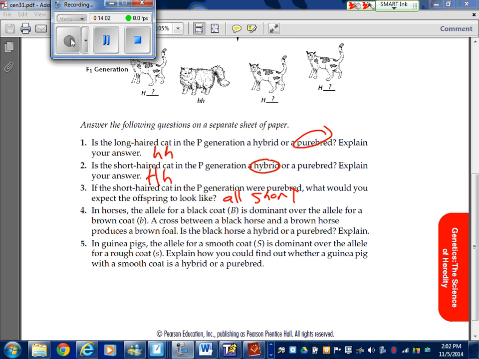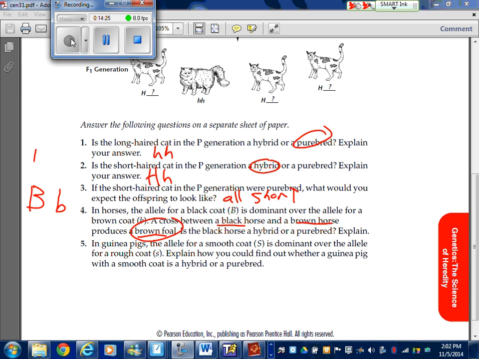In horses, black is dominant over brown. A black horse and a brown horse produce a brown foal. Is the parent hybrid or purebred? Okay, hang on. A black horse and a brown horse produces brown, which is the recessive.